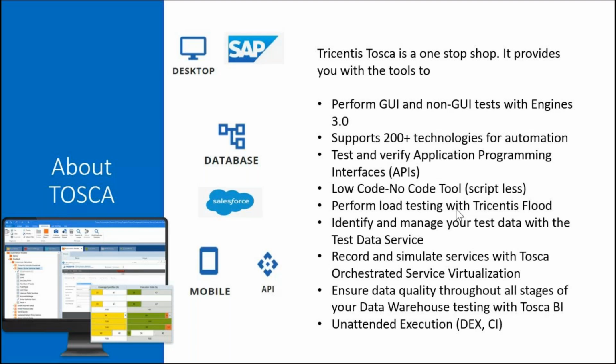You can integrate this Tosca tool or your test cases with Jenkins, Bamboo, or any CI tool you are using, maybe Azure DevOps. It can be integrated with many tools like Jira, Jenkins, and other test management tools, and it can also execute in parallel on different machines. So it gives you a complete package.